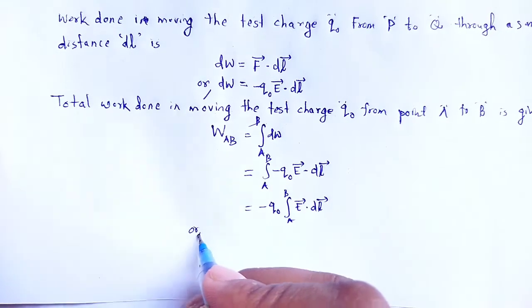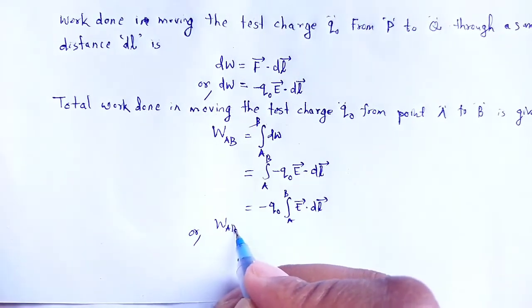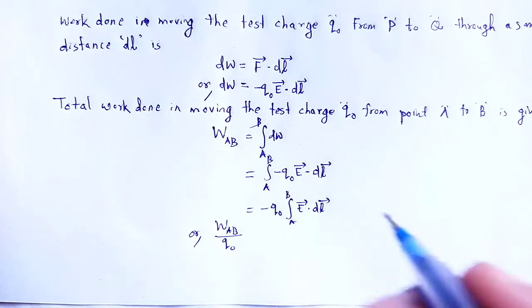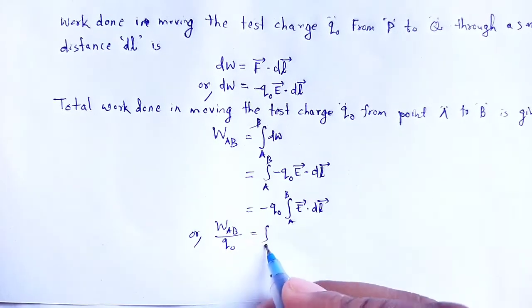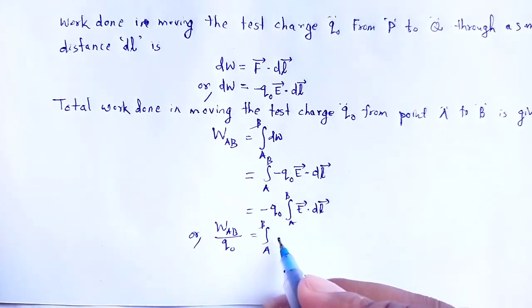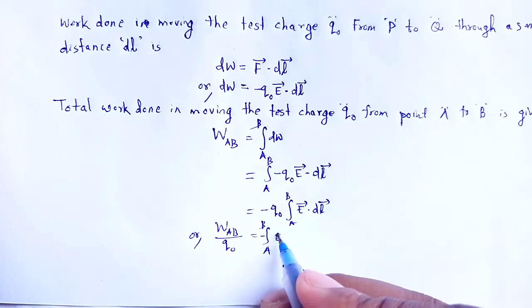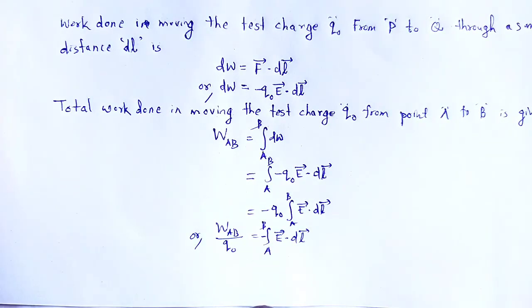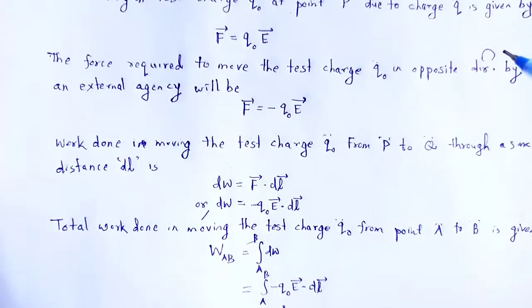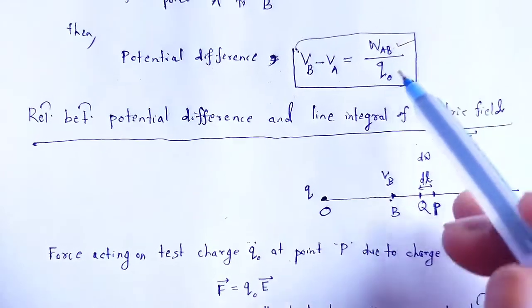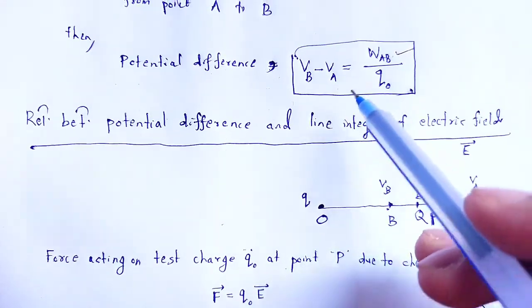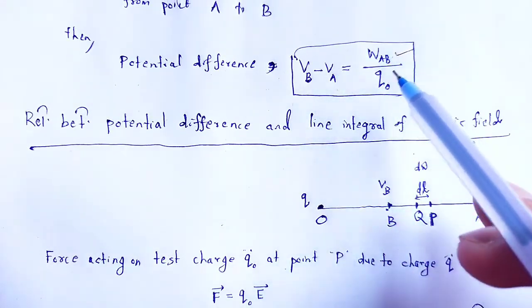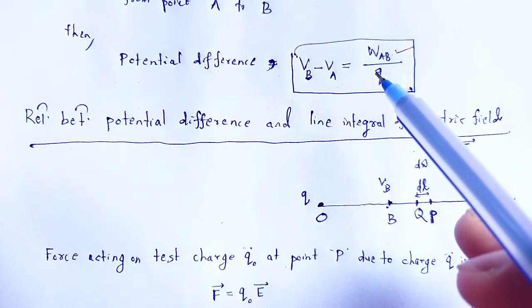Therefore, WAB divided by Q naught is equal to integration over A to B negative E dot dl. Look at here, from the definition of potential difference between the 2 points, we get Vb minus Va is equal to Wab by Q naught.